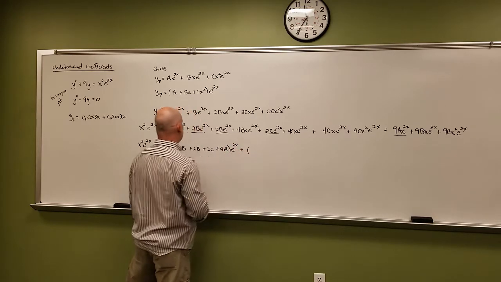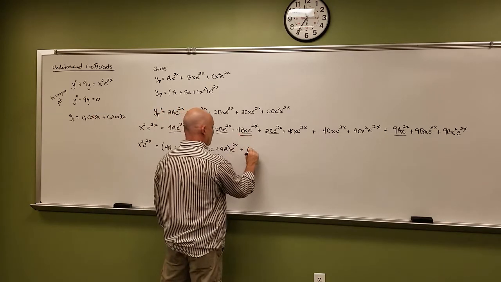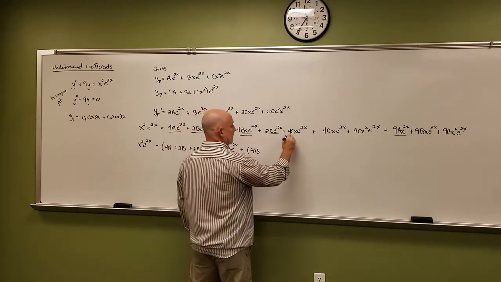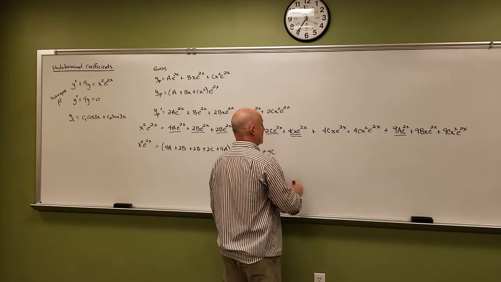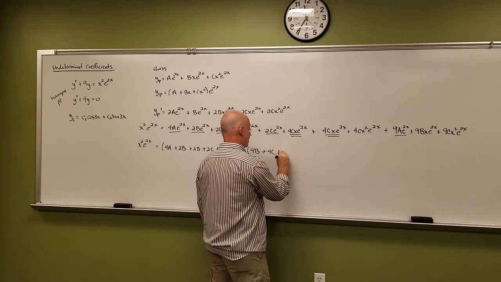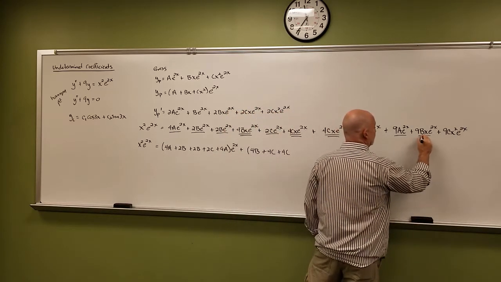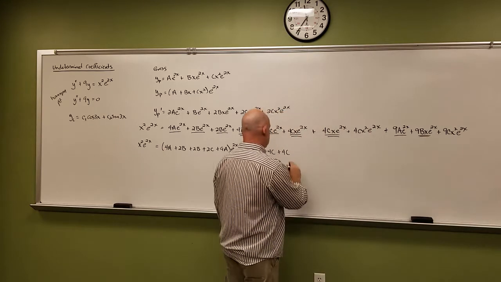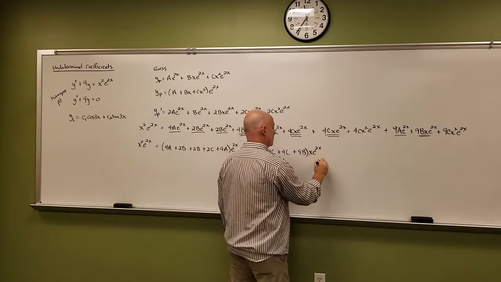All right, now let's take a look at x e to the 2x. Here I have 4b. Here I have 4c. Here I have another 4c. And here I have 9b. And those are x e to the 2x's.